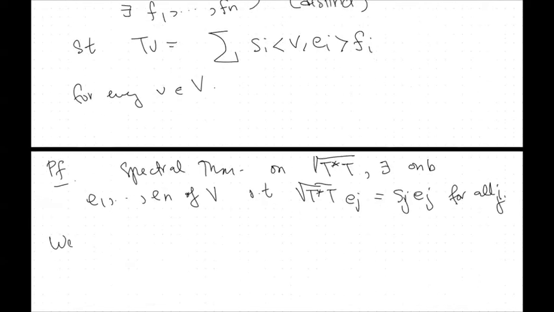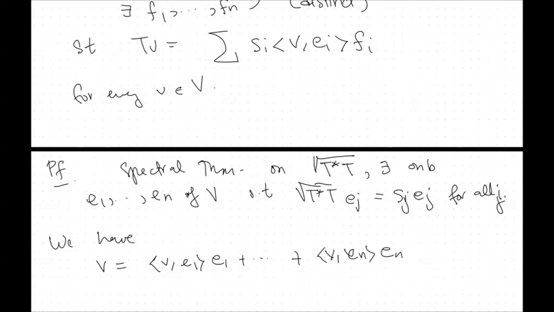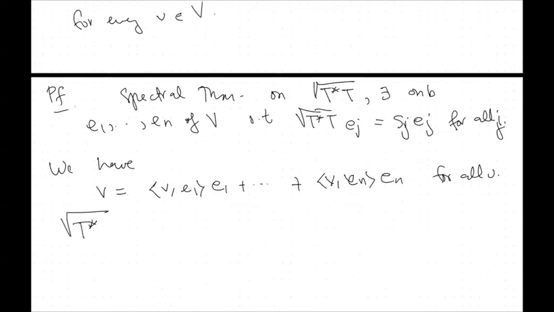Now we have v can be expressed in terms of its coordinates. So for example, the inner product of v and e1 is the e1 coordinate, and the inner product of v and en is the en coordinate of v. This is for all v. Then if you apply T star T to v, what do you get?